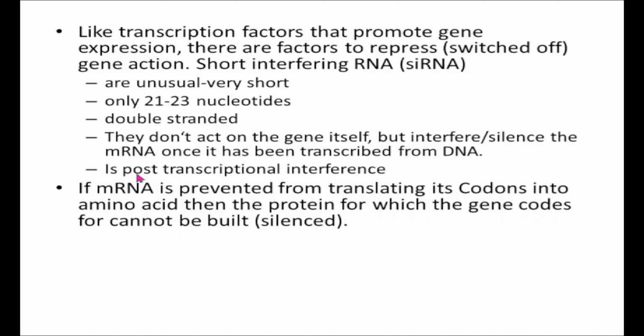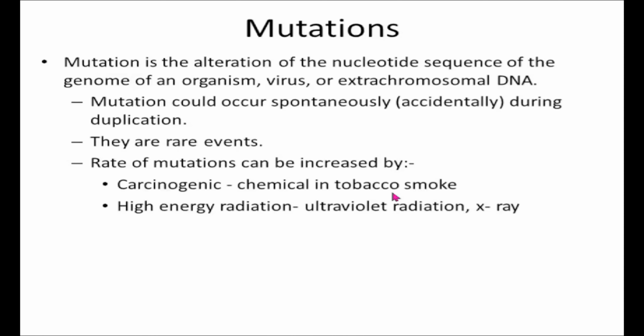If mRNA is prevented from translating its codons into amino acids, then the protein for which the gene codes cannot be built, and the gene is silenced. That is a simple statement you can easily understand. If there is no translating, then there are no proteins.